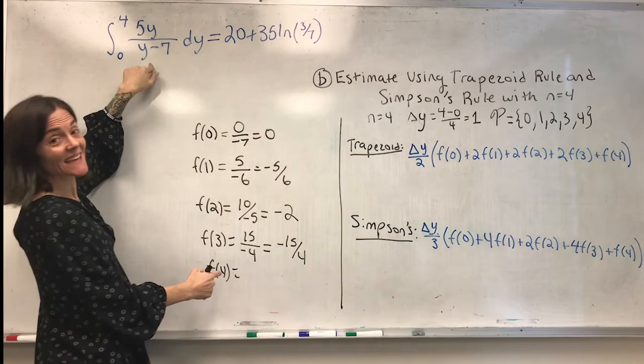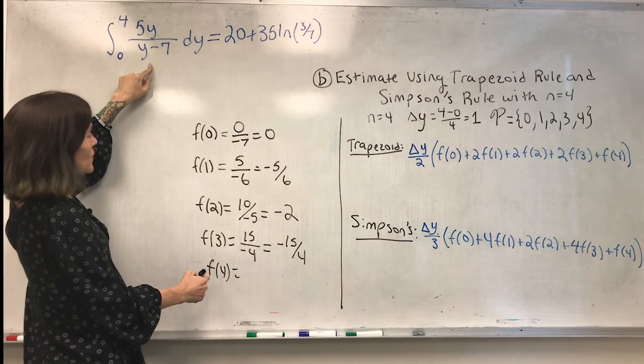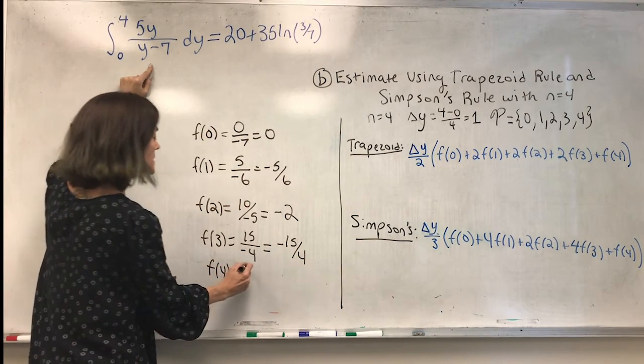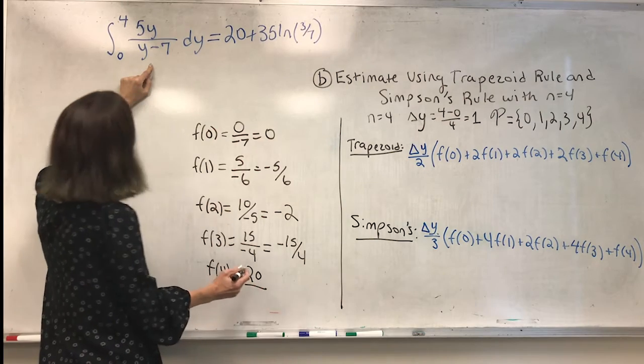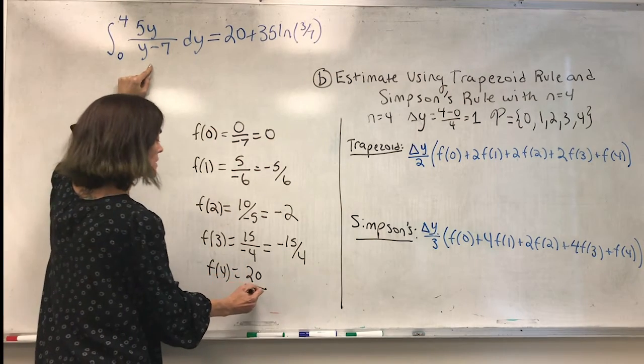And finally, f of 4, we have 20 over -3.